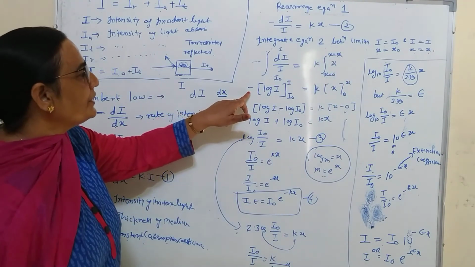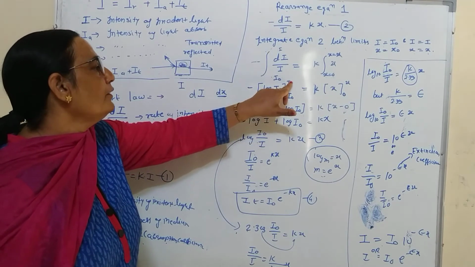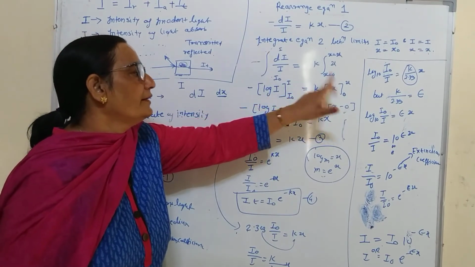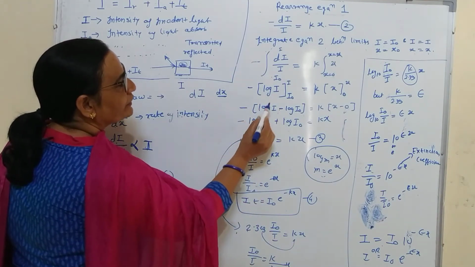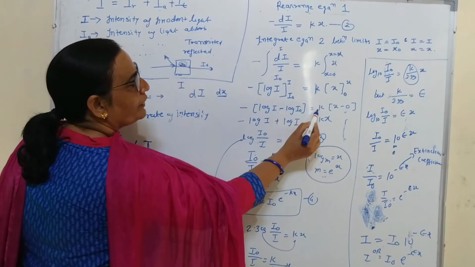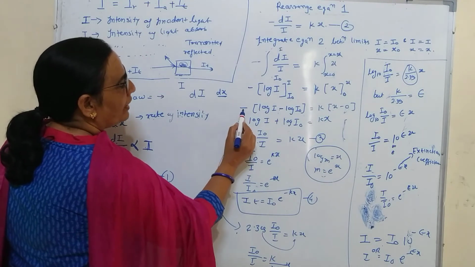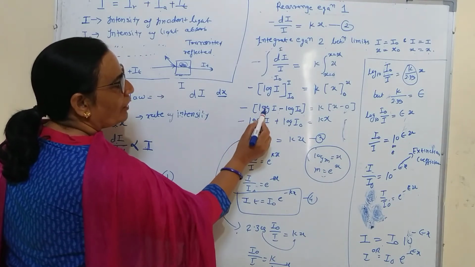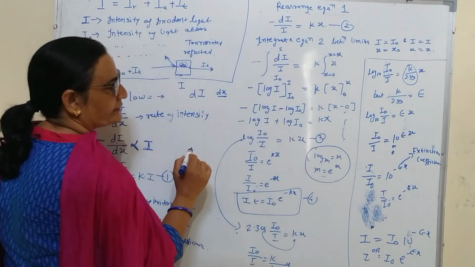So we'll get this equation, minus log of limits I0 I, k. Now तो इसका इंटीग्रेशन करने पर आएगा माइनस log of I minus log of I0 is equal to k x minus x0. So इसका हम ब्रैकेट ओपन करेंगे, माइनस log I प्लस log I0 is equal to kx.